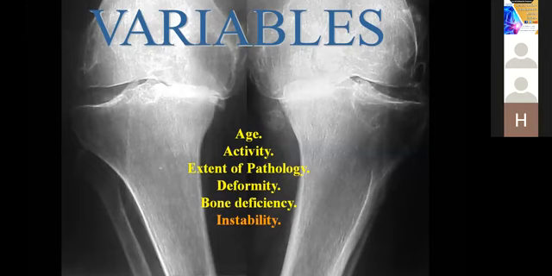So you have to talk with the patient and to ask the family about the baseline activity. The extent of the pathology, the deformity, bone deficiencies, which I talked about in our primary knees comparable to the severe deficiencies present in difficult revision in other countries, and the instability issue.